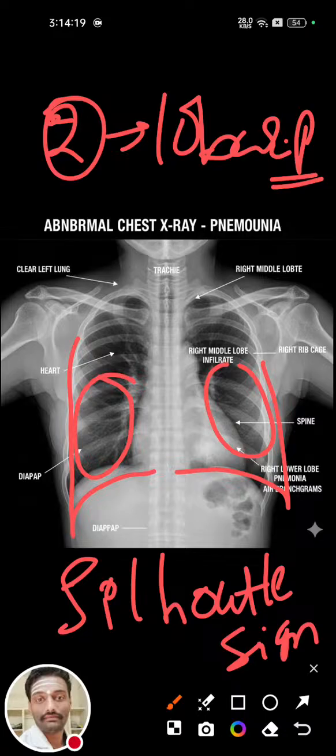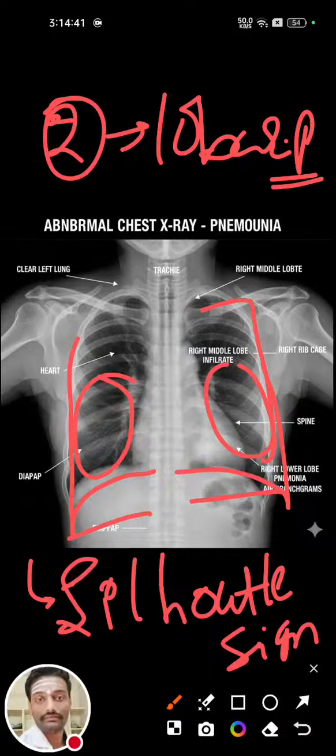What is the silhouette sign? Loss of the border of the heart or the diaphragm, depending on the lobe. It may be the right lobe or the left lobe. In most cases we see changes in the left lobe.